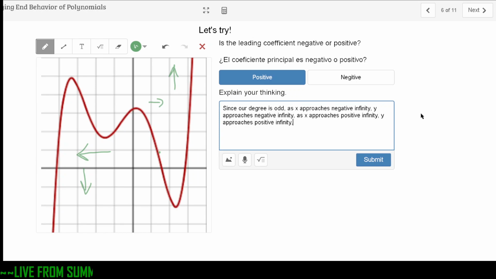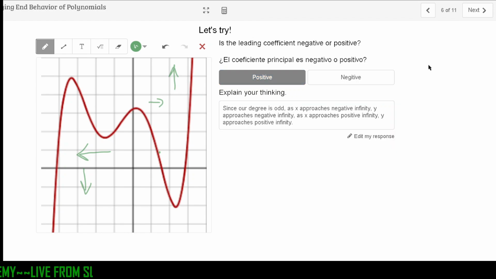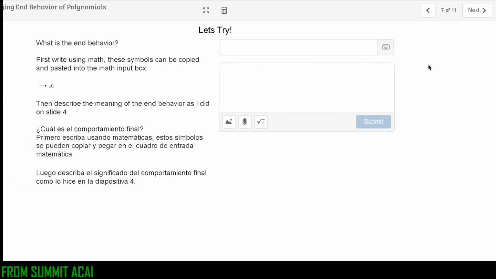So since we have these things, we know our graph matches up. All right, so again, use that table and use your picture to figure out what your leading coefficient would be for this polynomial.